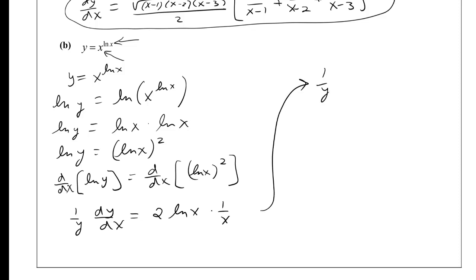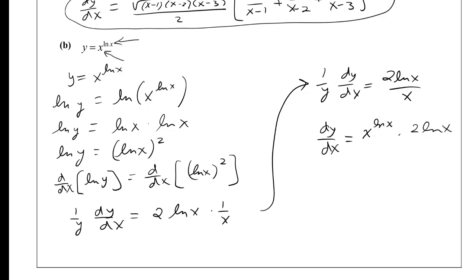So I get 1 over y dy dx equals 2 ln x over x. And I do my final step, which is to bring the y over and replace it. So I get x to the ln x times 2 ln x over x. Okay, and so that's one way I could write that. Done.